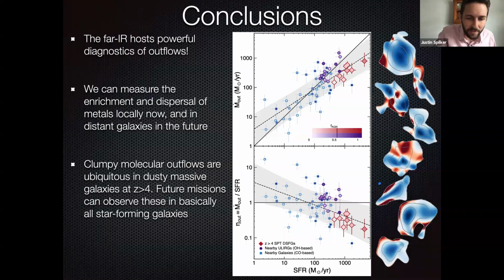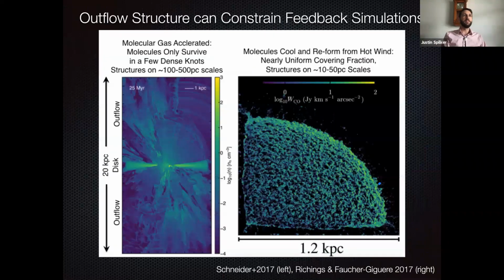But I can show you this is sort of the state of the art as far as simulating molecular outflows go. This one on the right where the molecules reform from a hot wind, you can tell that it's not even a spherical cow, it's an eighth of a spherical cow. And so the realism in terms of how that's being done is not quite at the level where I really want to make a big deal out of these comparisons.